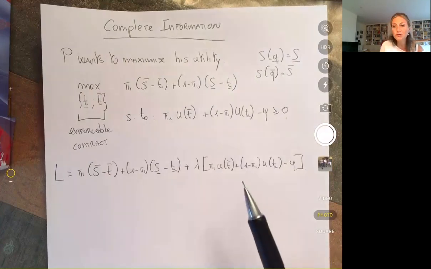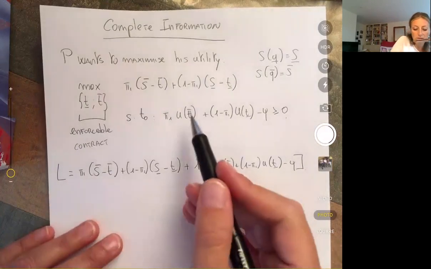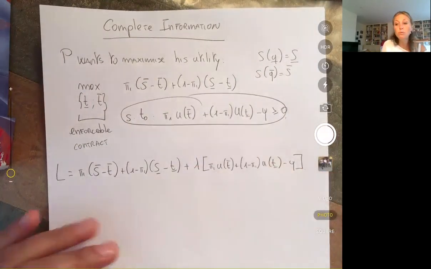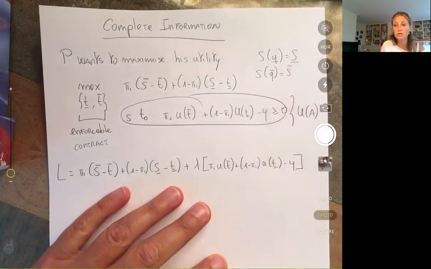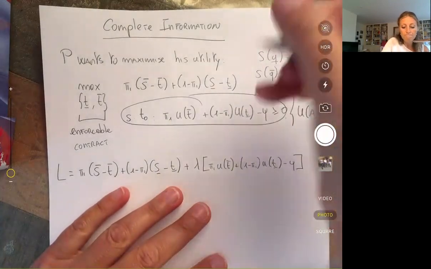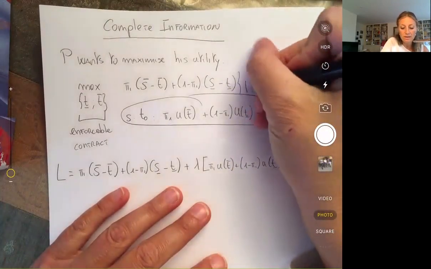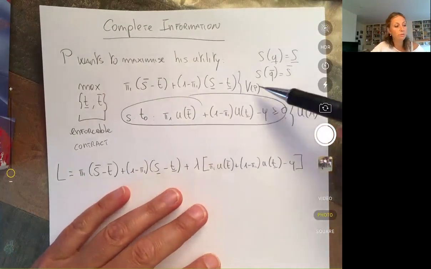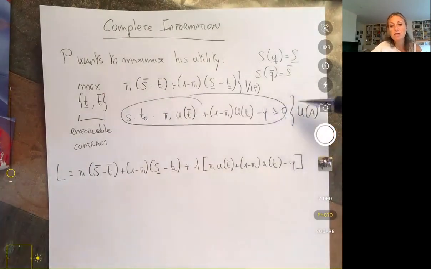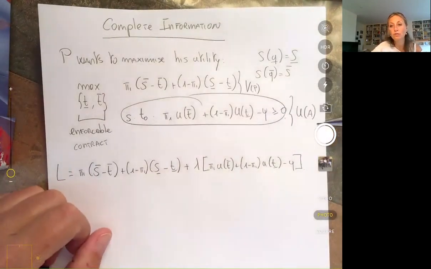Now, the constraint here, as you can see, is represented by the utility function of the agent. So the limit to the utility function of the principal is represented by the utility function of the agent.